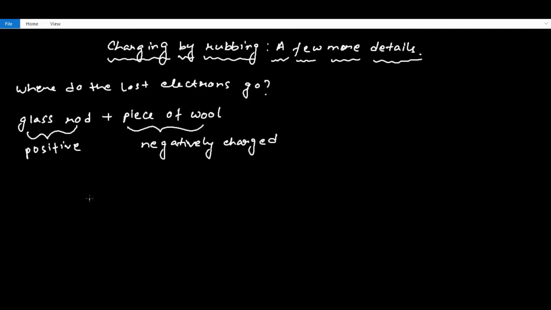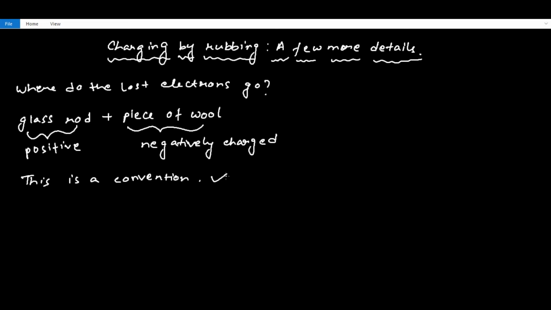In lower classes you have learned that this is a convention, that the glass rod will always be positively charged and the piece of wool will always be negatively charged. However, this statement is not fully correct.